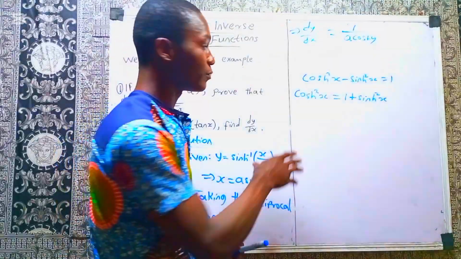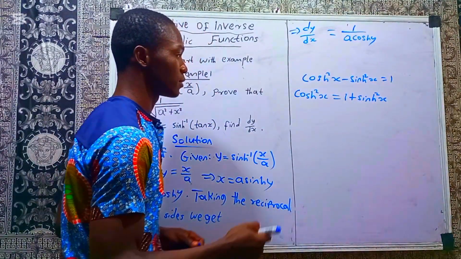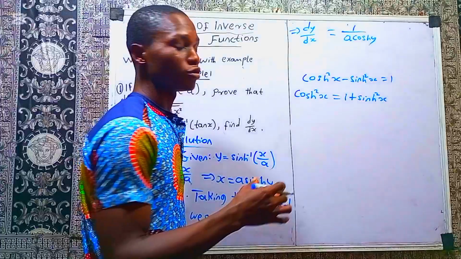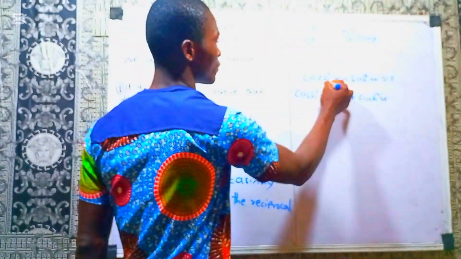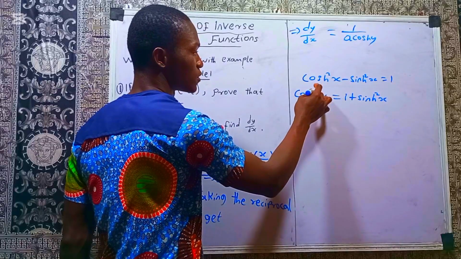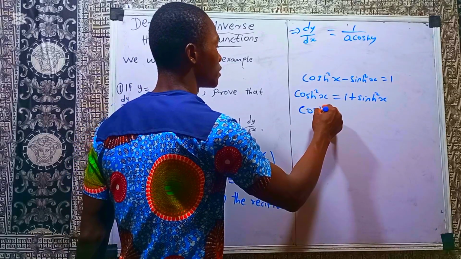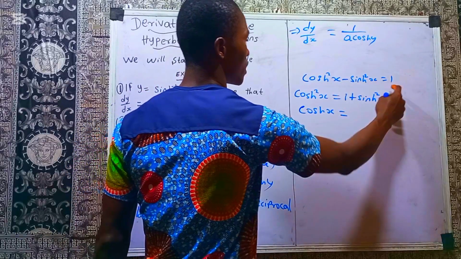And we are looking for hyperbolic cosine of x, so what do you do? To remove this square, you take the square root. Square root to cancel this square.